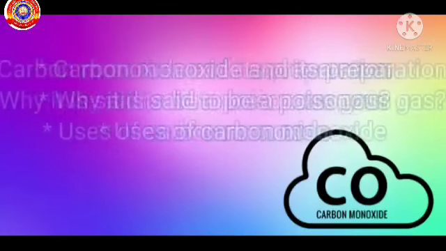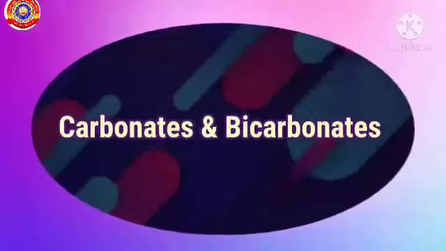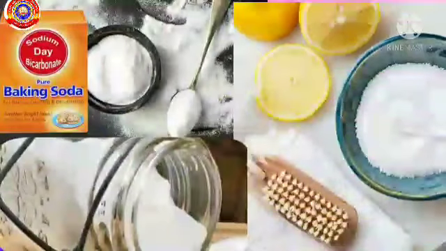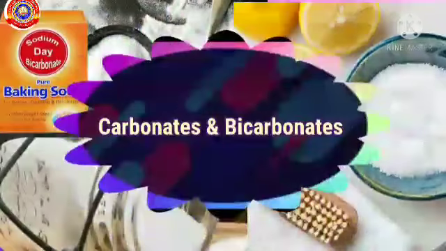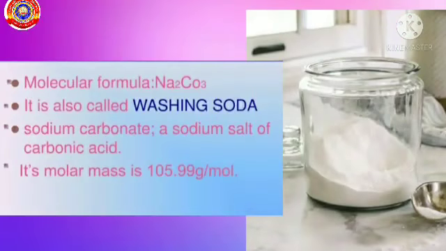So children, we discussed carbon monoxide, how it is produced, why it is said to be a poisonous gas, and its uses. Let's move on to the next compound, carbonates and bicarbonates. Already we learned about carbonates and bicarbonates in lesson 5, acids, bases and salts. So let's recall once again the important carbonates and bicarbonates in this lesson. Washing soda, known as sodium carbonate.